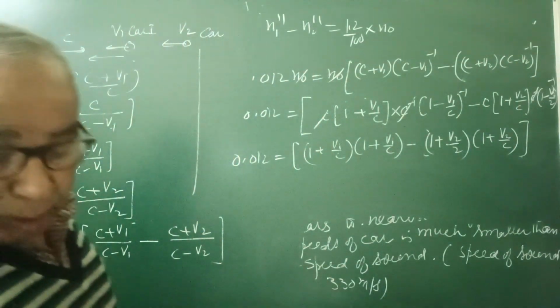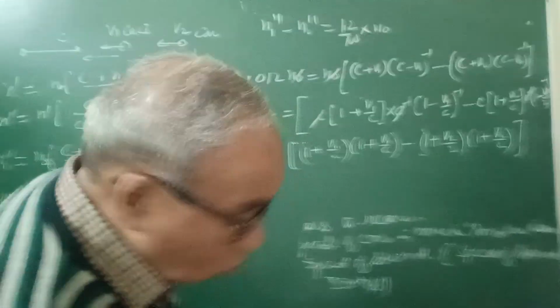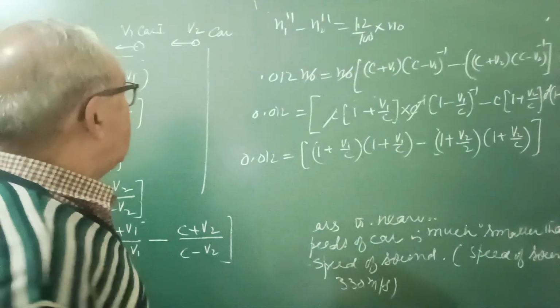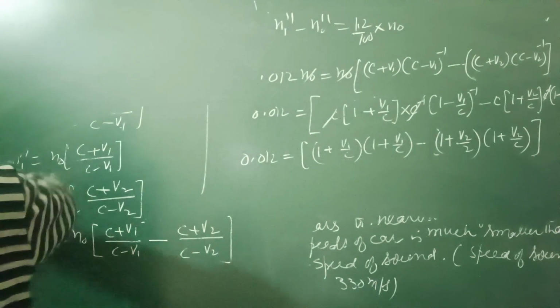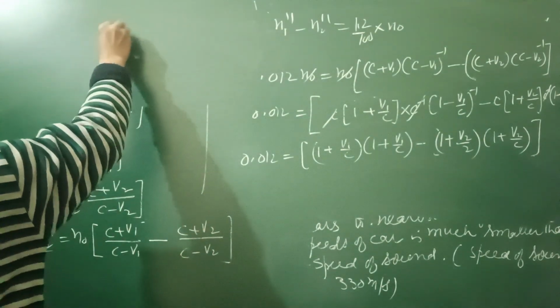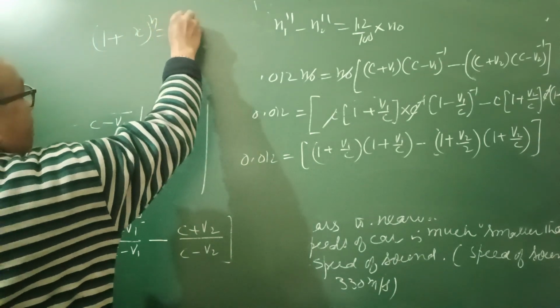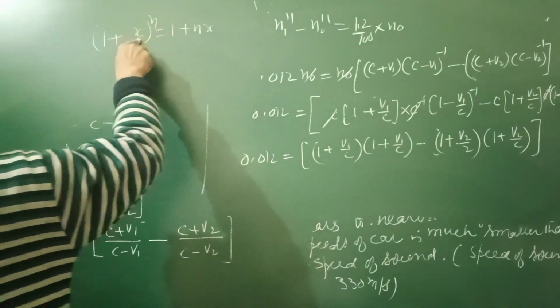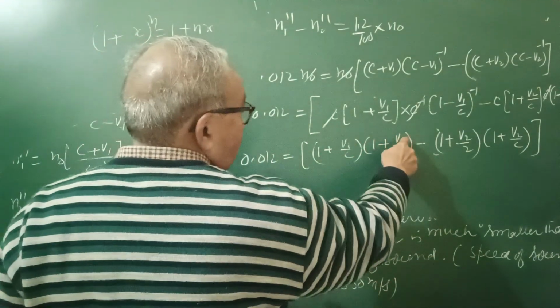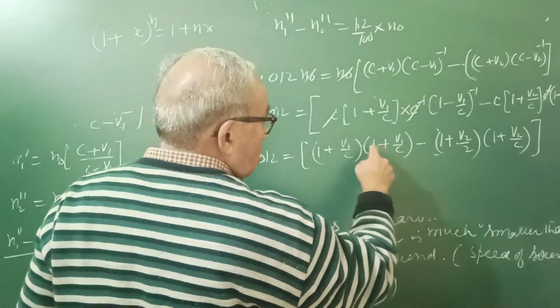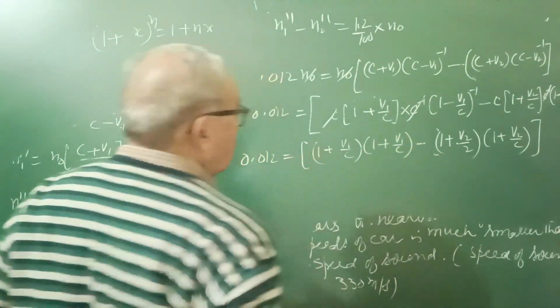By using binomial, because V2 and V1 are much less than C, I have used here the formula (1 plus x) to the power n is equal to 1 plus nx, and this is for x much less than 1. Since V1 is less than C, this thing is less than 1.